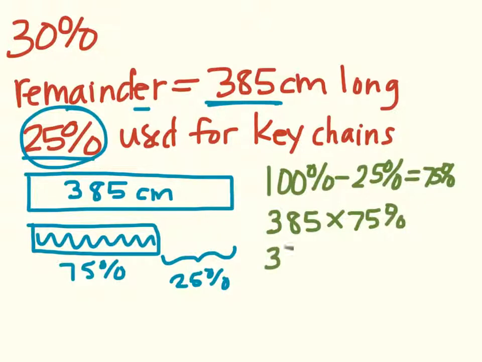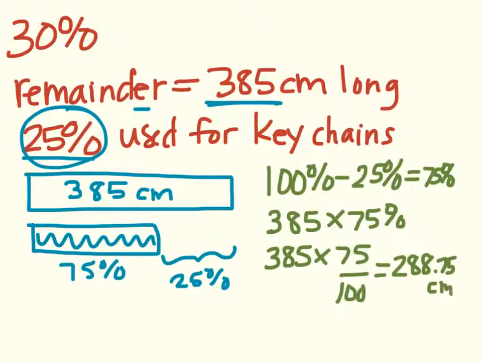We could rewrite that as 385 times 75 over 100, or 75 per 100, giving us, and I'm going to use my calculator for this, 288.75 centimeters. So the remaining length of the brass chain after making the keychains was 288.75 centimeters.